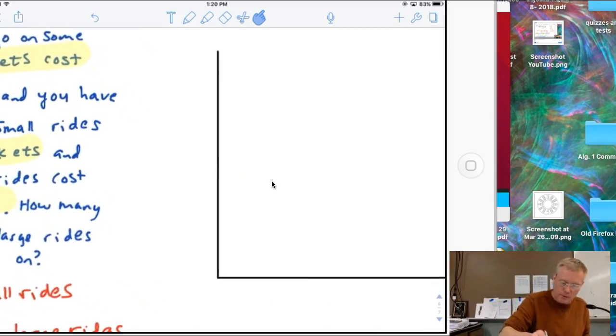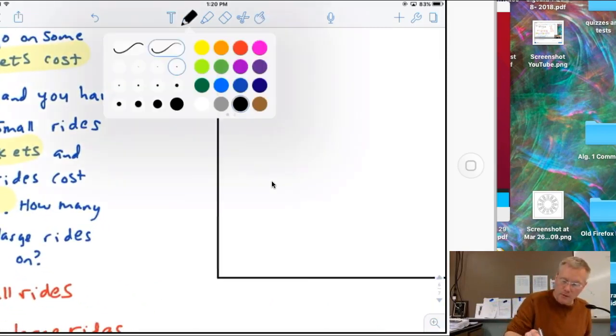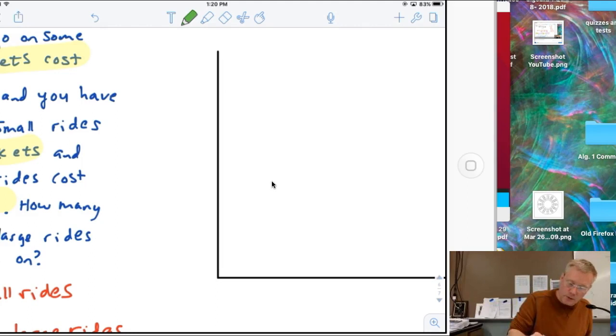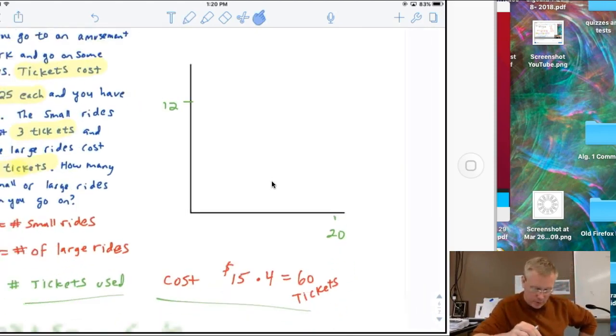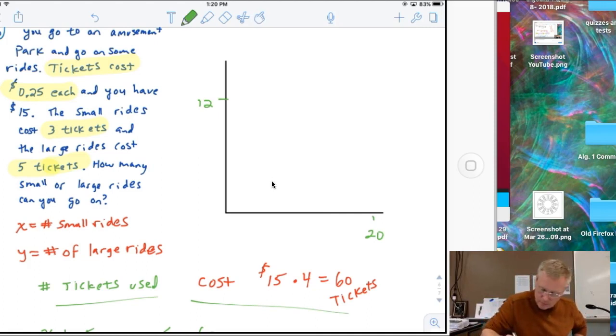I'm not going to spend a whole ton of time on this, making the whole thing. We said a y-intercept of 12 and an x-intercept of 20. If you want to make your graph more elaborate, feel free. This is x, this is y.